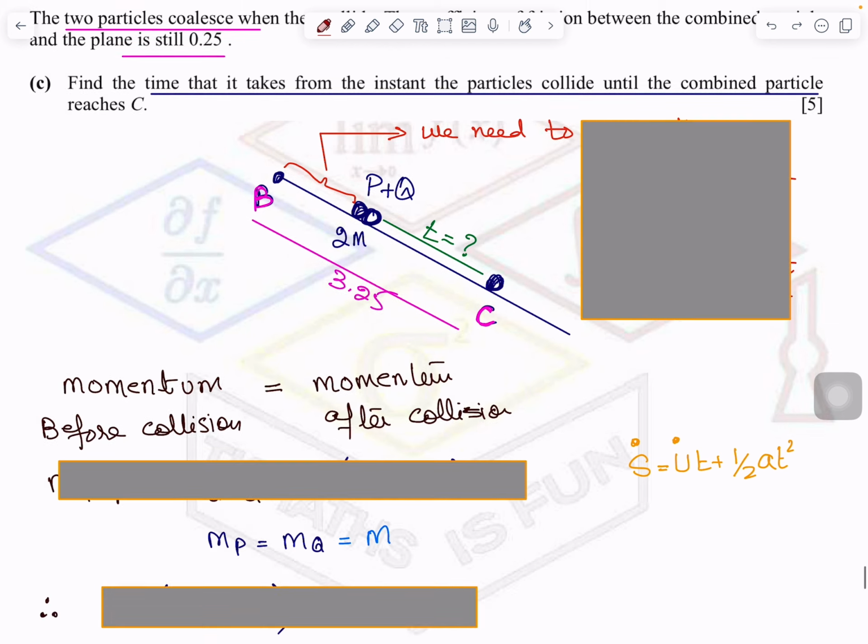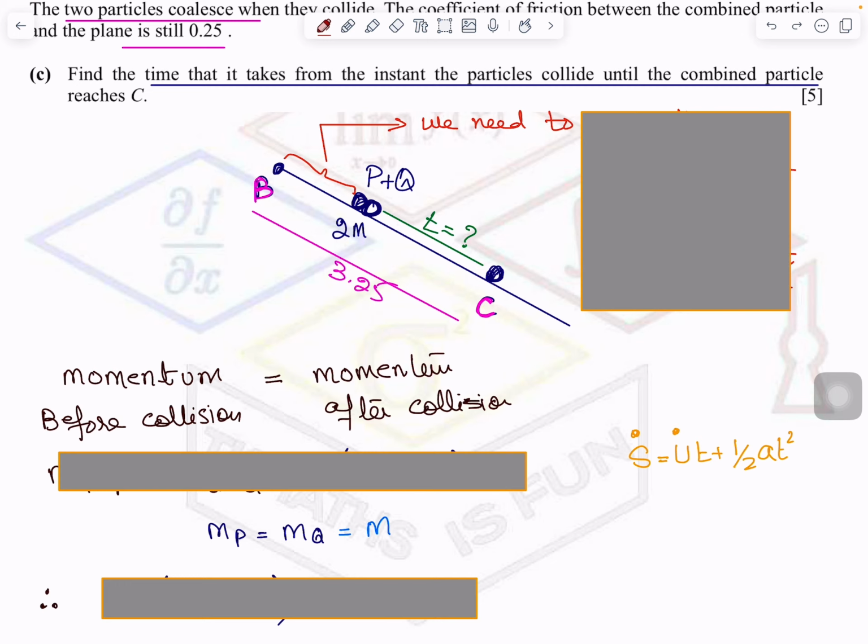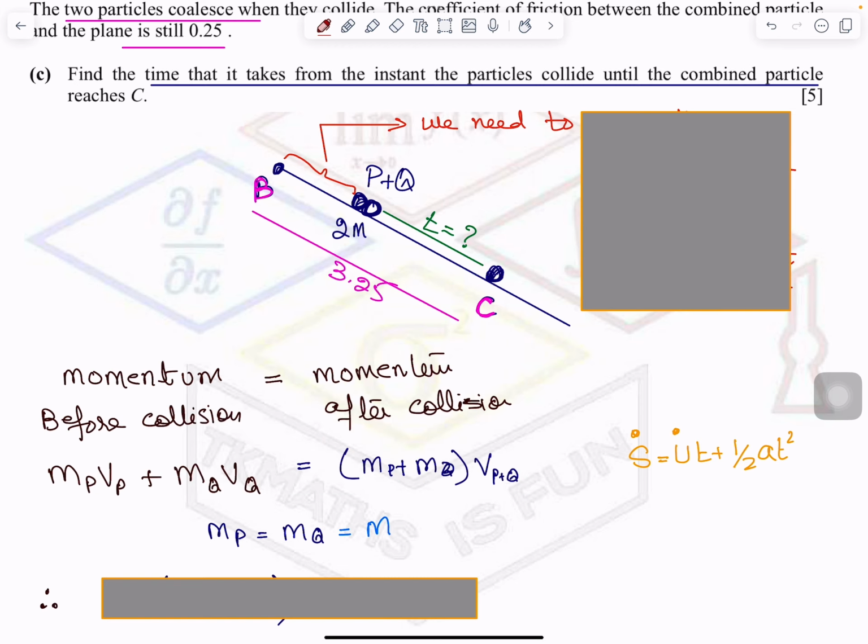We know, using the concept of momentum before and after the collision, the momentum equation is mass into velocity. So before the system of particles P and Q and after the system, because the linear momentum law says momentum remains the same for the system before and after the collision.